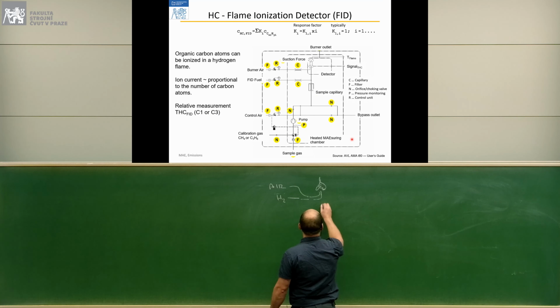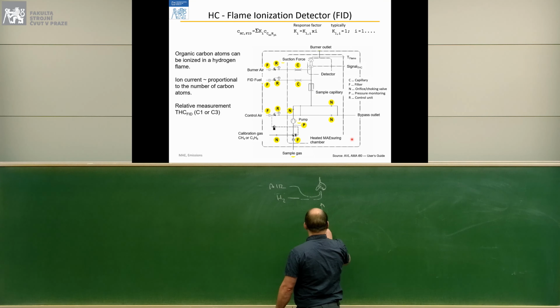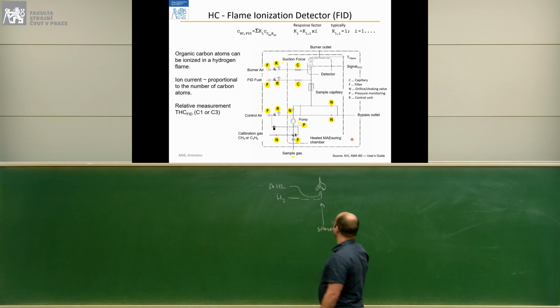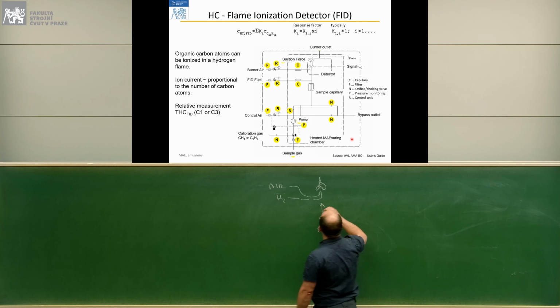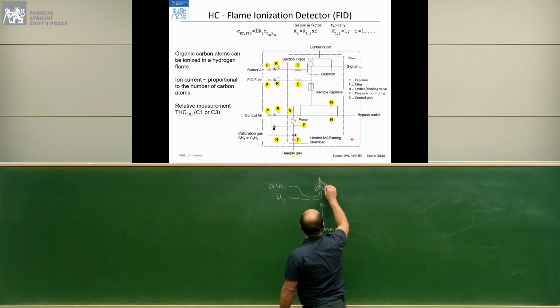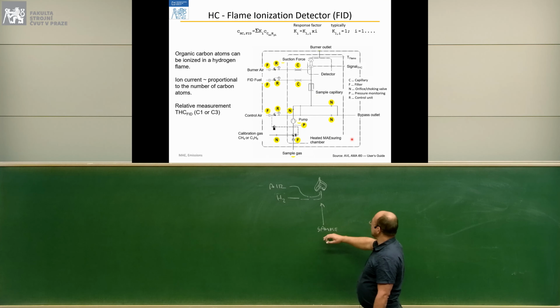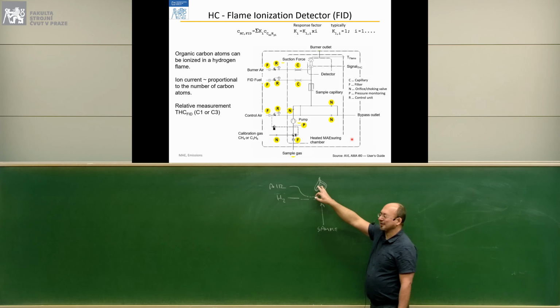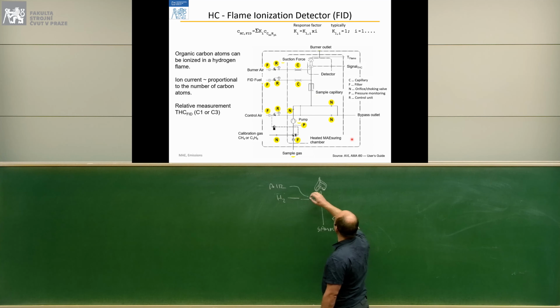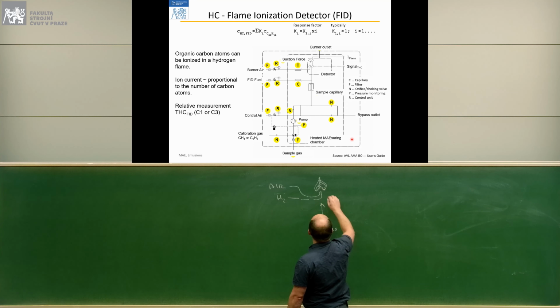To that flame, you also bring sample of the exhaust that you are trying to measure. As the sample comes in and ions are created by the combustion of organic compounds or hydrocarbons, ions are created.